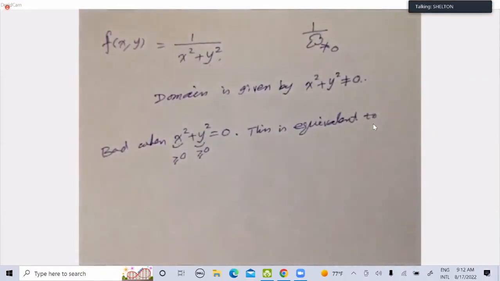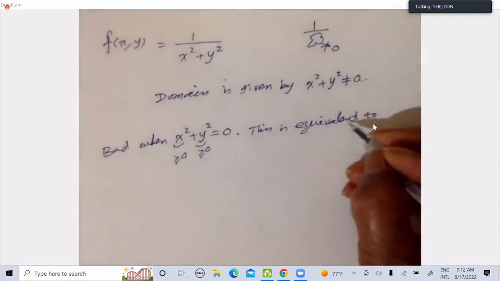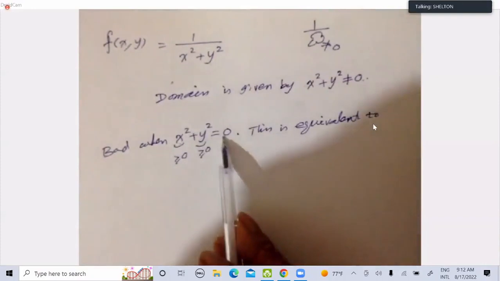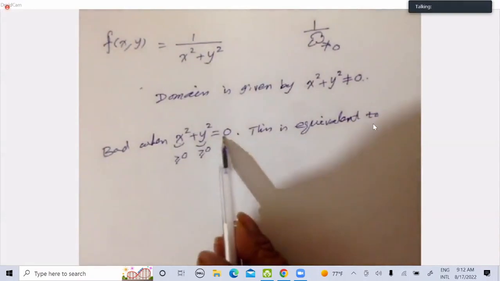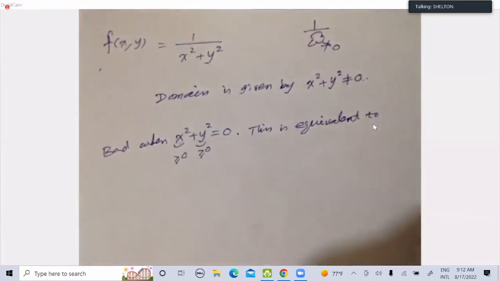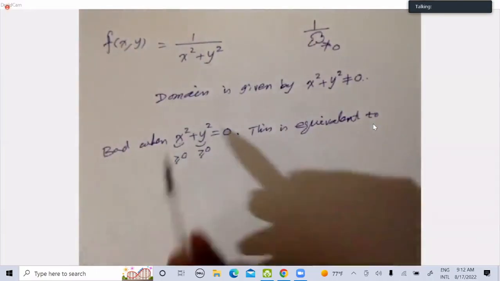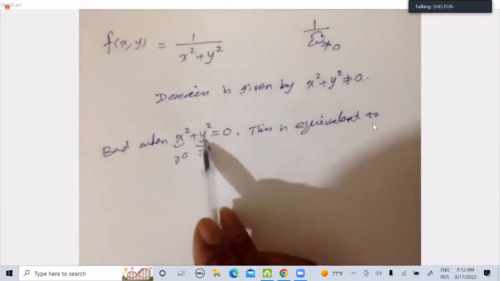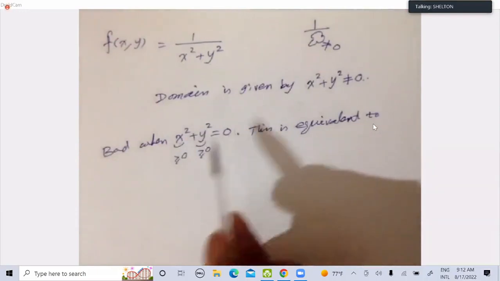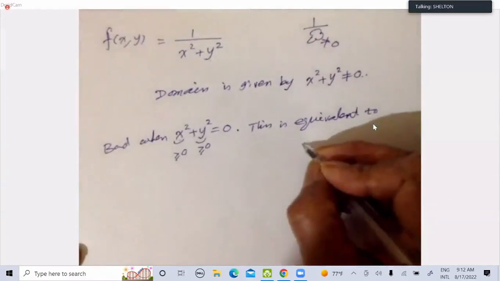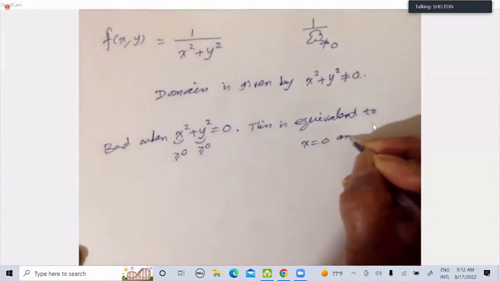Can somebody tell me? If x squared plus y squared is equal to 0, both x and y must be equal to 0. If one is non-zero, when you square, it becomes positive. Positive plus a non-negative is not 0. So x squared plus y squared equal to 0 is equivalent to x equal to 0 and y equal to 0.